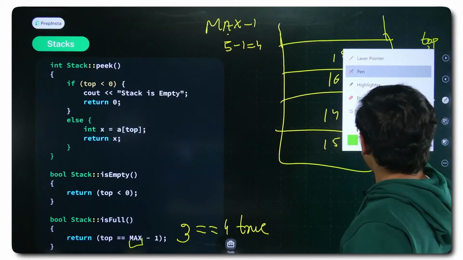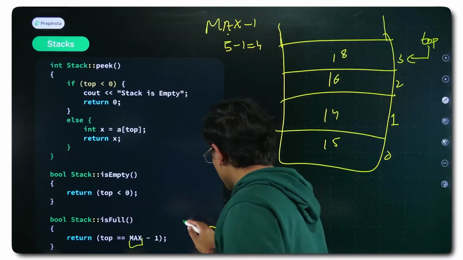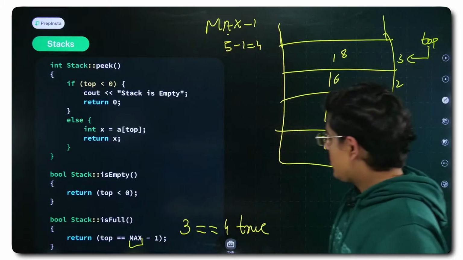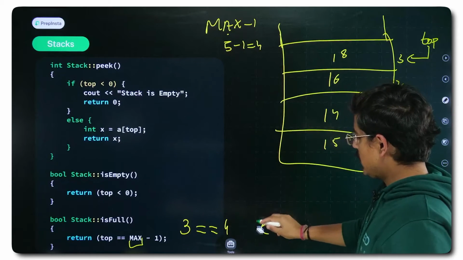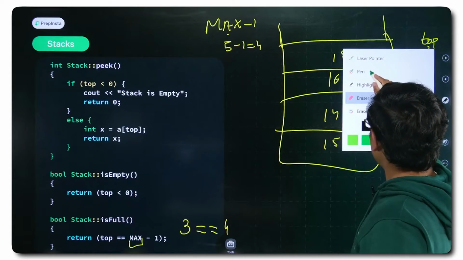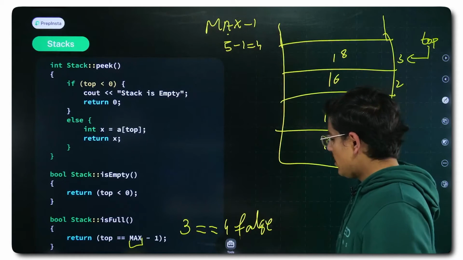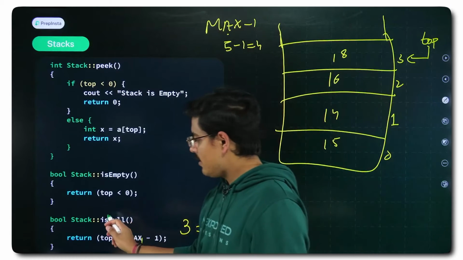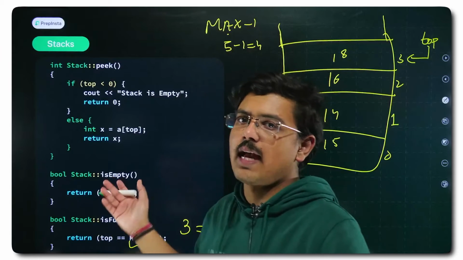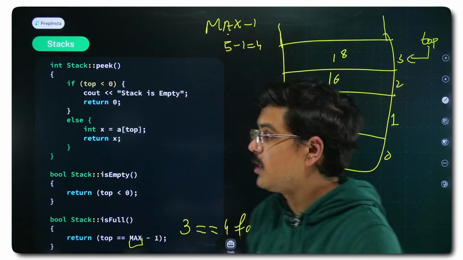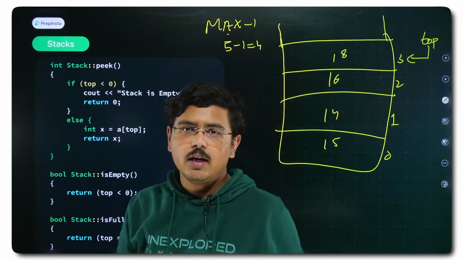I would replace it. So, 3 equal to 4. Is it true? No, it's not. 3 can never be equal to 4. So this is false. If this is false, then isFull would return false, which basically means the stack is not in the overflow condition, which basically means you still have space for pushing an element.